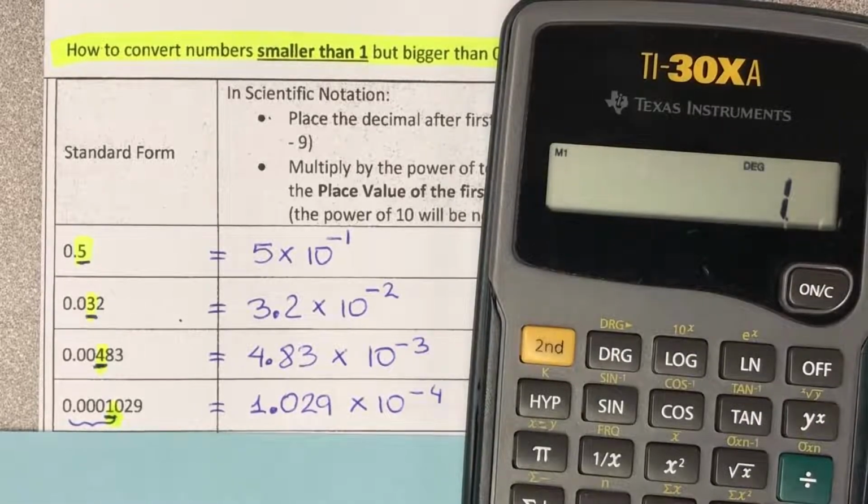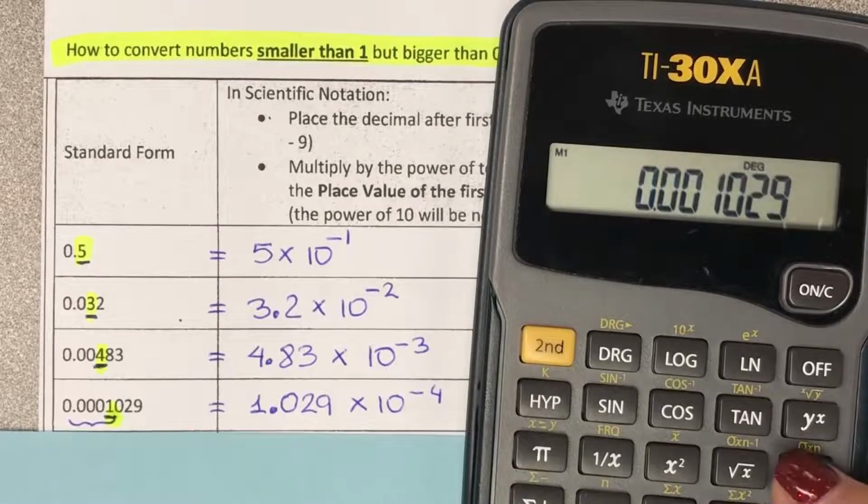Okay, let's check that. So 1.029, and I have to divide by 10 four times. So here I go, divide by 10. See how the decimal is moving. Divide by 10. Divide by 10, divide by 10, that was the third time, and then divide by 10 the fourth time.